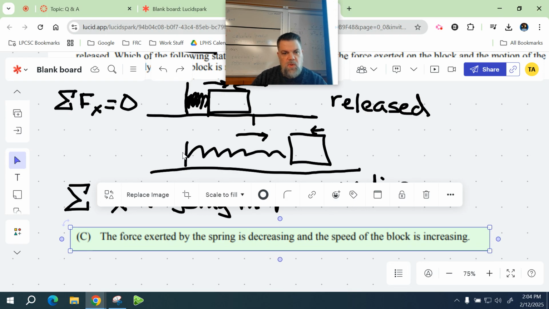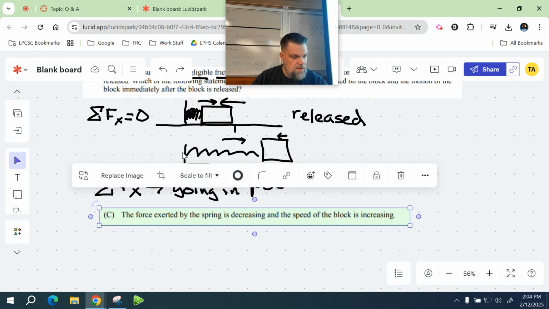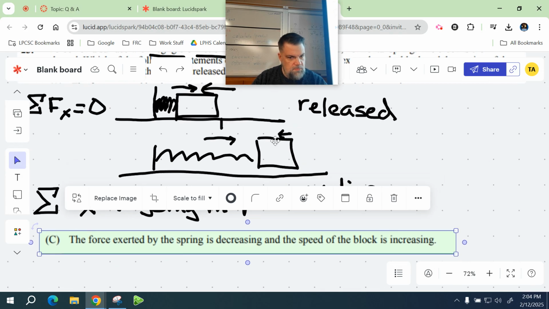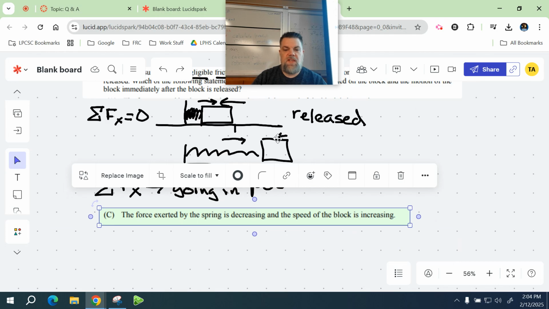Did they say it was compressed or stretched? Well, let me think. Yeah, the net force would be, oh, that's weird. It's the opposite, isn't it?